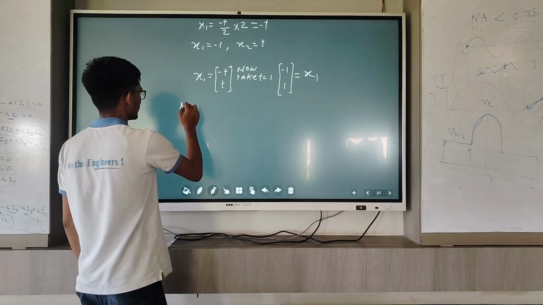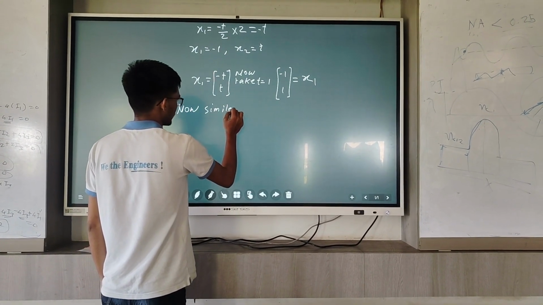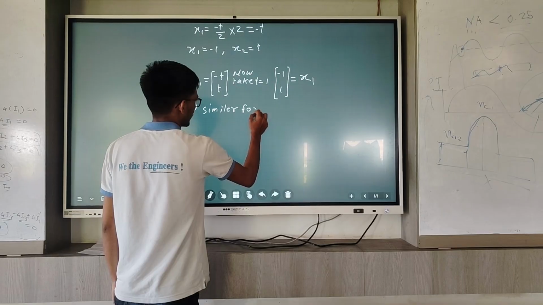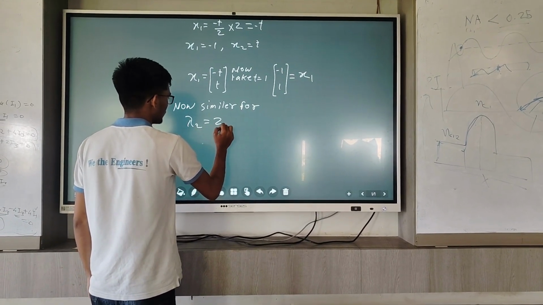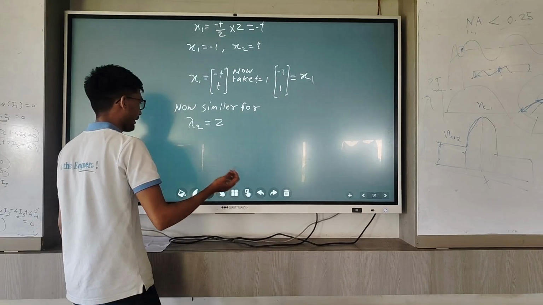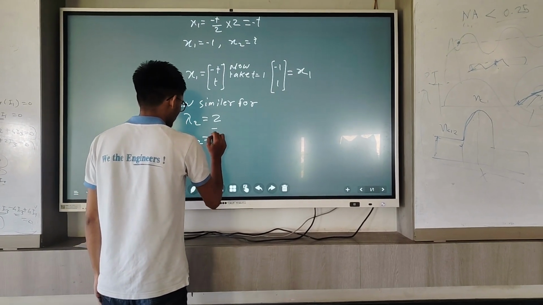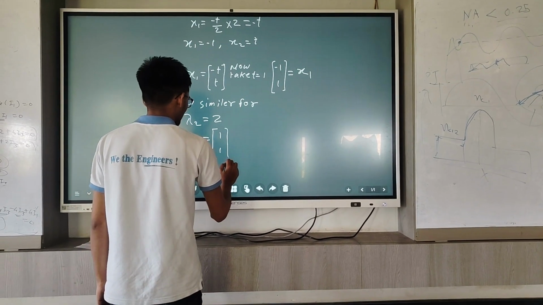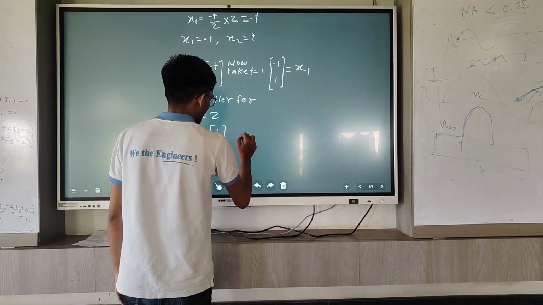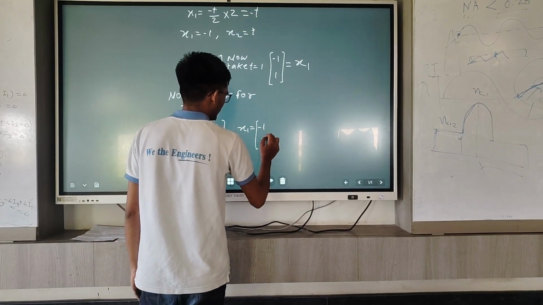Now similarly for lambda 2 is equal to 2, we directly write x2 is equal to 1 and x1 is equal to minus 1.